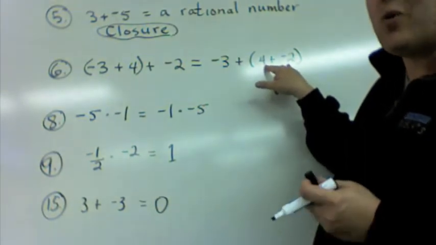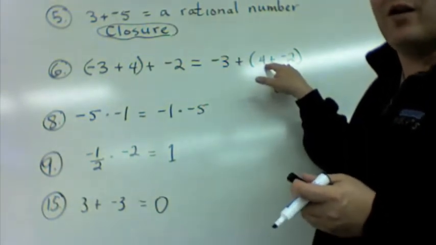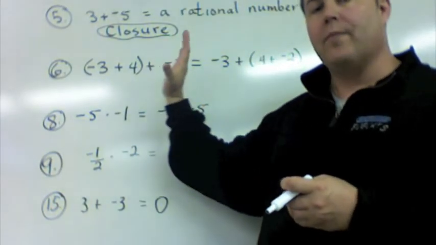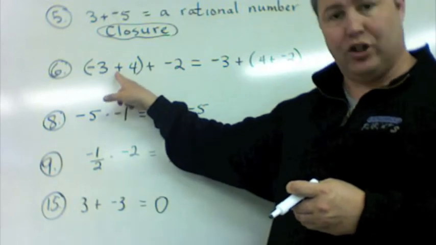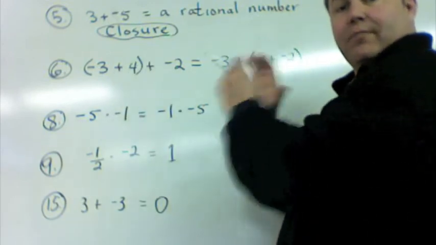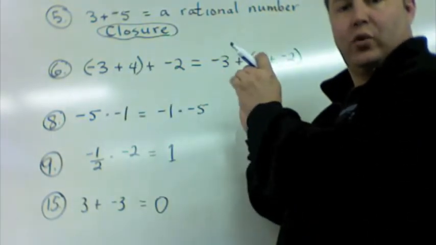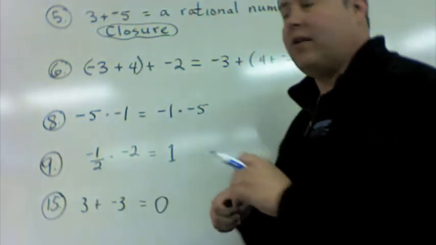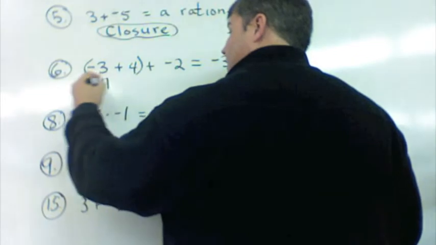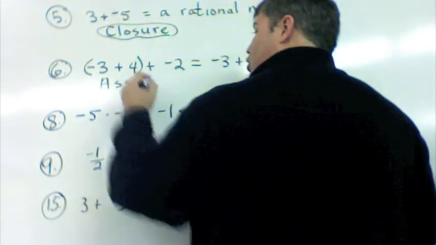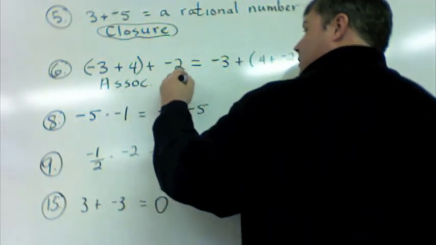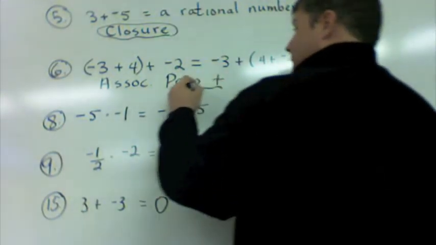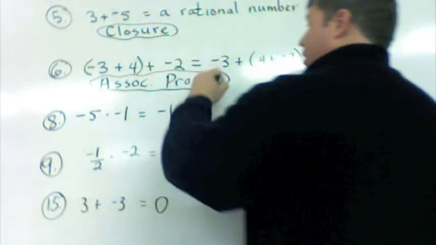These numbers can associate with any number they want, and you still get the same answer. So this is associative property of addition. Whenever the parentheses move from one side of the equal sign to another, but the order of the numbers does not change, we're talking associative. So this is associative, and I'll abbreviate assoc prop, and I'll just put a plus because it's addition. So that's my answer, associative property of addition.